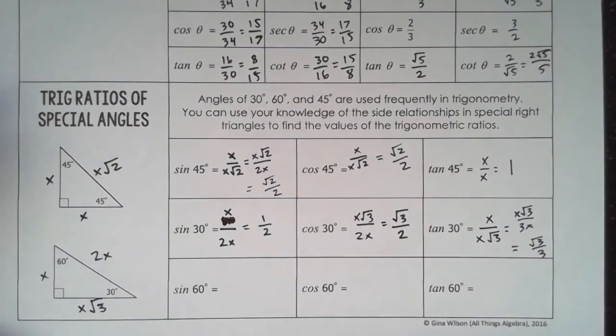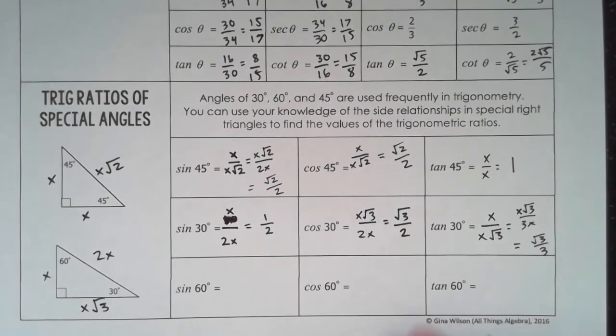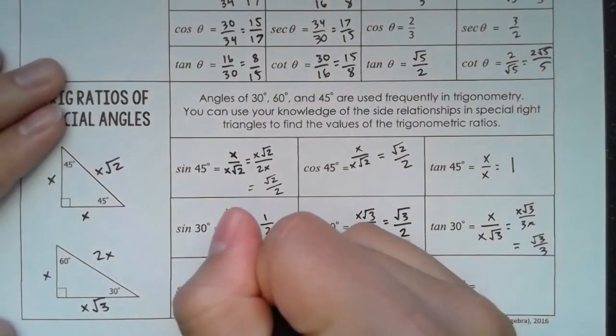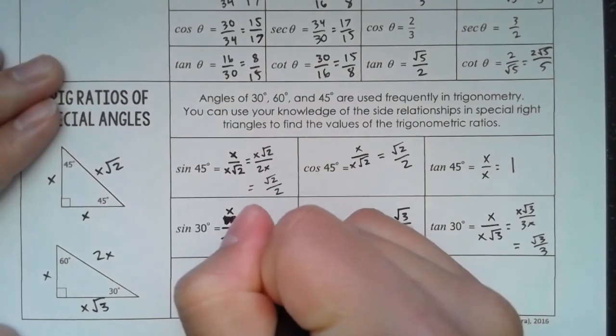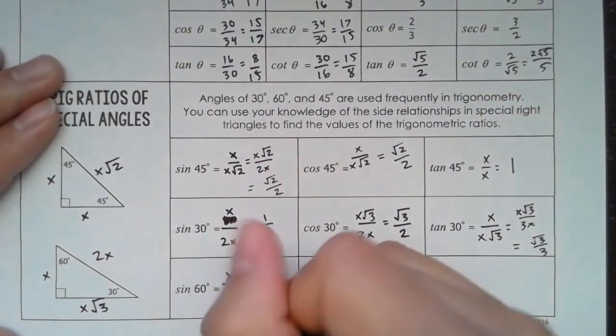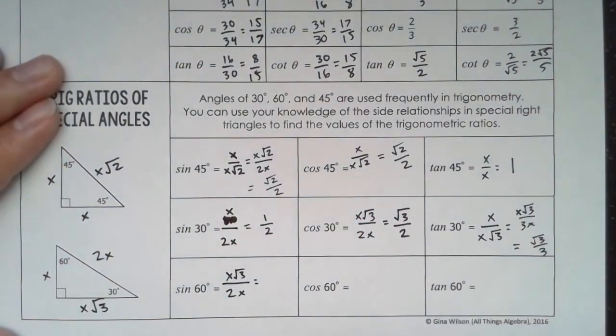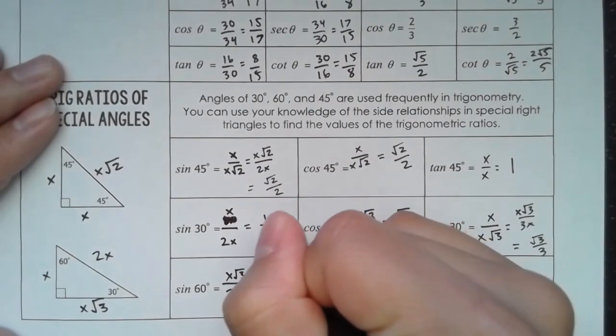And then finally sine of 60. We're looking at this angle, opposite x square root of 3 over 2x, and that simplifies to square root of 3 over 2.